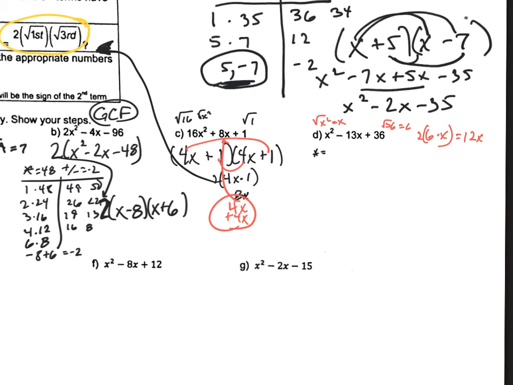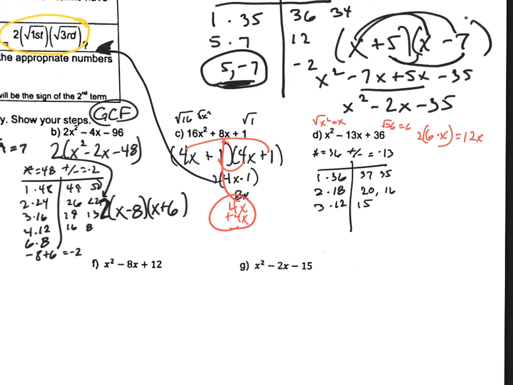So we're trying to multiply to get to 36 and either add or subtract, probably add, to get to -13. So we have 1 times 36. That's 37 or 35. 2 times 18. That is 20 or 16. Oop. 3 times 12.